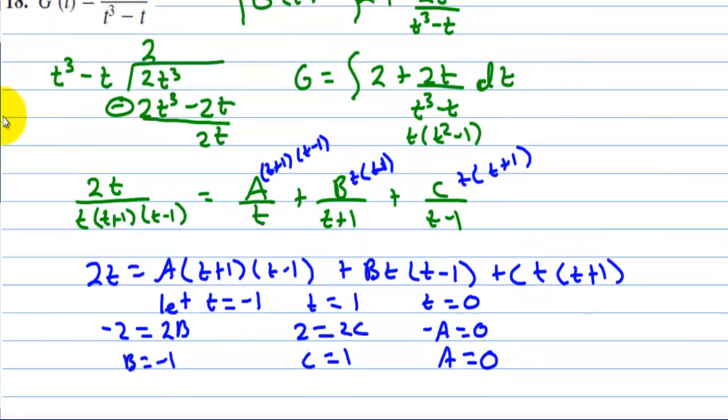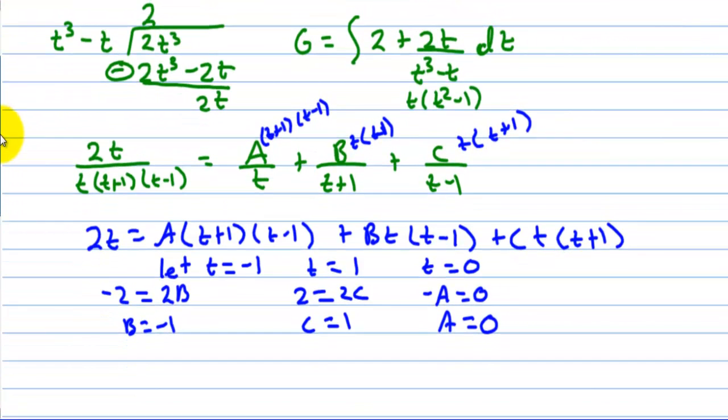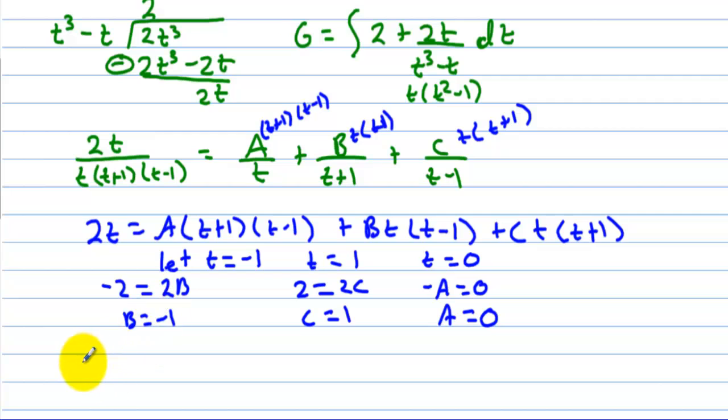Now we have the integral of, we start with the 2, we have the integral of 2, and then we want the positive one first. We have plus 1 over t minus 1, and then minus 1 over t plus 1 dt.